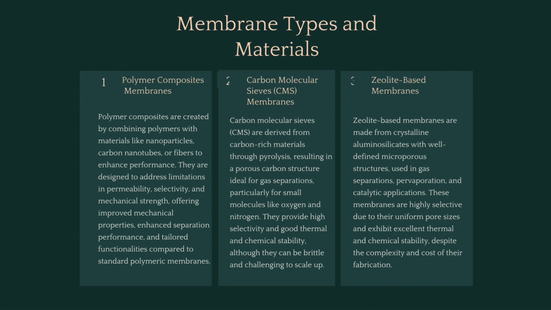Then it also has high selectivity because cellulite membranes offer exceptional selectivity due to their uniform pore sizes, allowing them to effectively separate molecules based on size, shape, and polarity. And it also has thermal and chemical stability similar to CMS membranes. Cellulite-based membranes exhibit excellent thermal and chemical stability, making them suitable for demanding industrial environments.